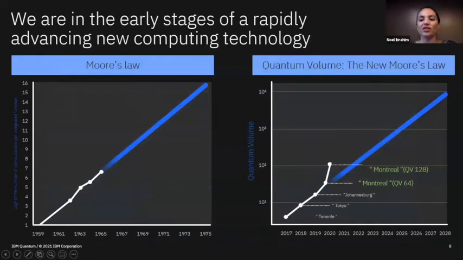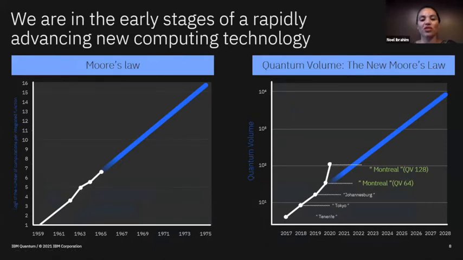Now, we are in the early stages of a new technology, and as we see, we're in the later stages of a technology when it comes to classical computing. And we've all heard of Moore's law, which shows that there's an exponential growth in the power of classical circuits and the number of transistors that can be deployed to a circuit over time.